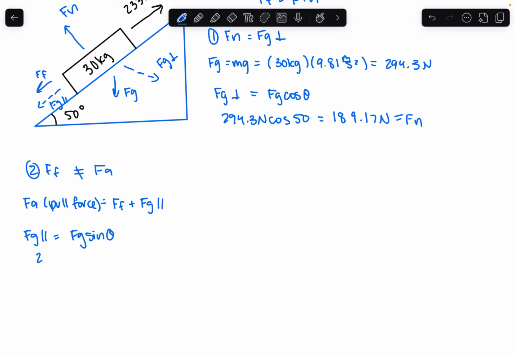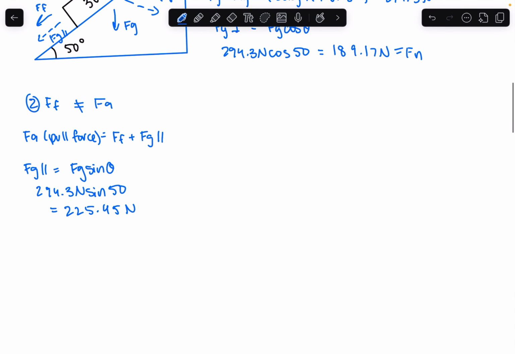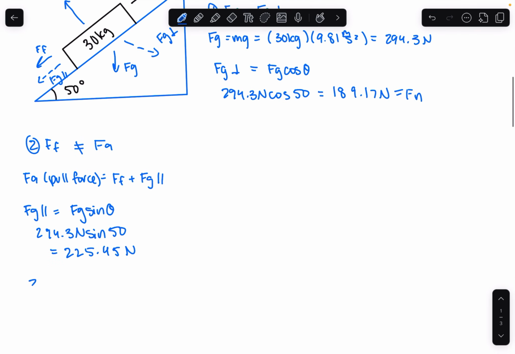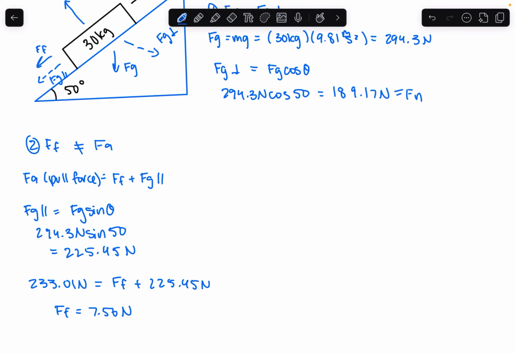So 294.3 newtons sine 50 is equal to 225.45 newtons. So we know what FA is, 233.01 newtons. That equals FF plus 225.45 newtons. So the force of friction is only equal to 7.56 newtons.